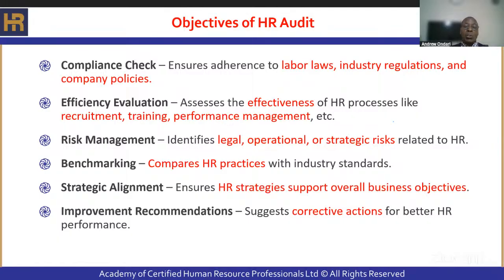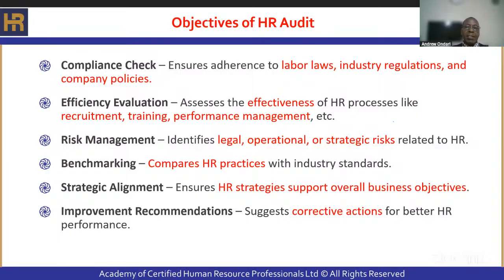The same goes to performance management, where we are ensuring that performance management should not take a long time and a lot of money to implement. So the objective of HR audit is to ensure all the HR functions are cost effective.